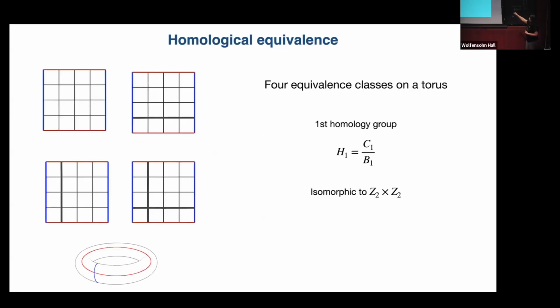So this first homology group is defined by cycles mod boundaries, and on a torus, there are 4 equivalence classes, basically given by these. There's no non-contractible loop here. There's 1 there. There's 1 there, and then there's 2 here. So it's isomorphic to Z2 times Z2. Okay. So hopefully all the structure of the toric code is becoming somewhat apparent.